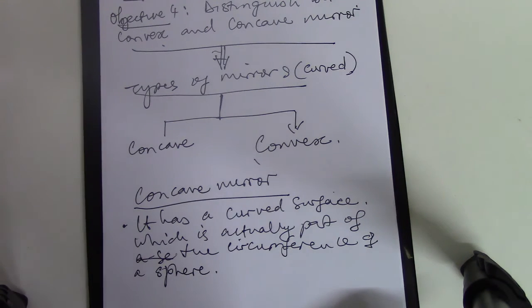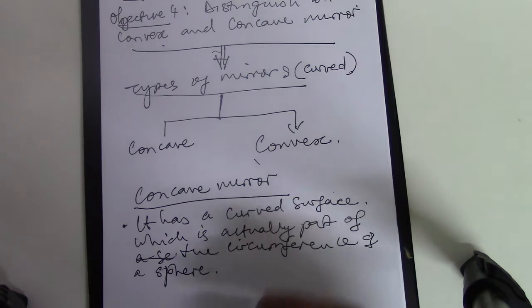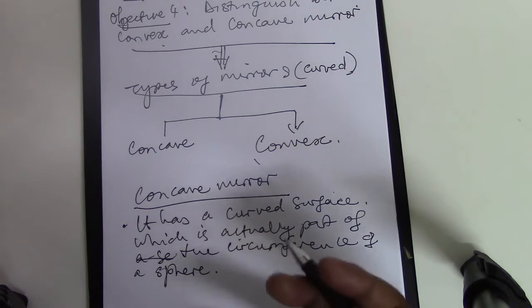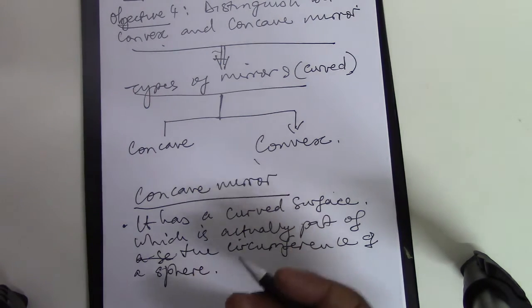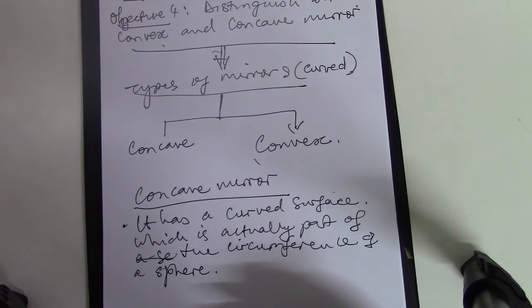Right. So it's a section of the sphere. Actually, we are taking a section of a sphere and making it a concave mirror. We are making a mirror out of a section of a sphere.